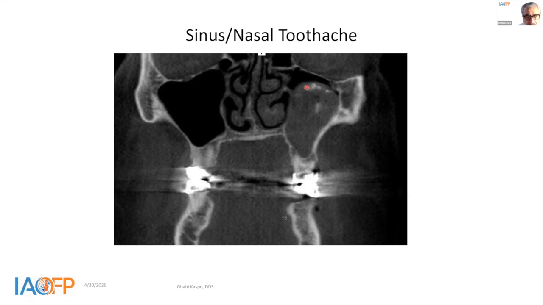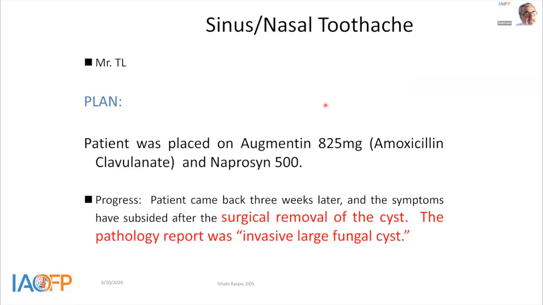When you find some kind of white bodies inside the lesion in the maxillary sinus, it's always suspicious of fungal sinusitis, so there will be some growth in the sinus cavity.